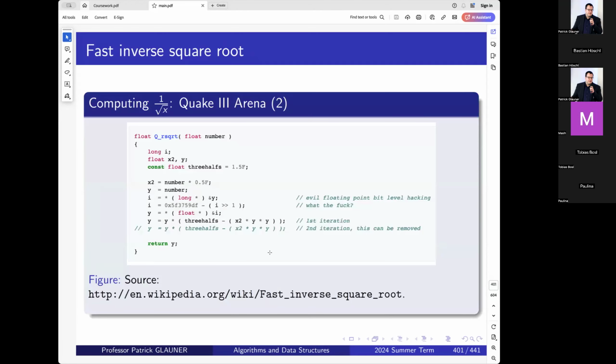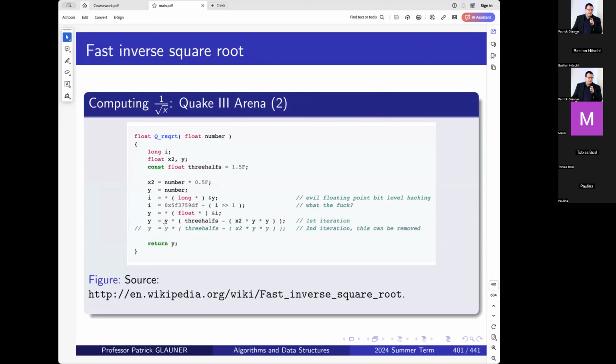And if you look at the original code, it still does one iteration of the Newton method on top, and then it becomes even better. So this is just one iteration. A second iteration would be even better, but it would lead only to a marginal improvement, and that's why it's commented out.